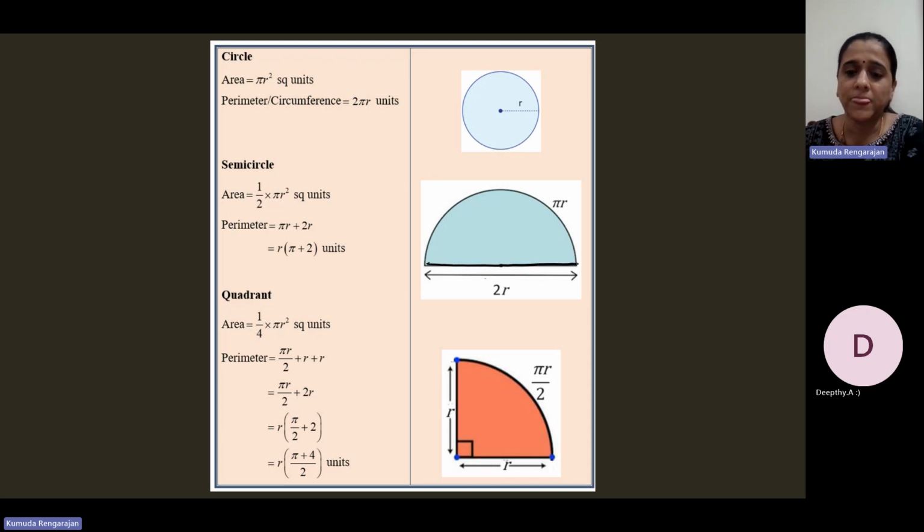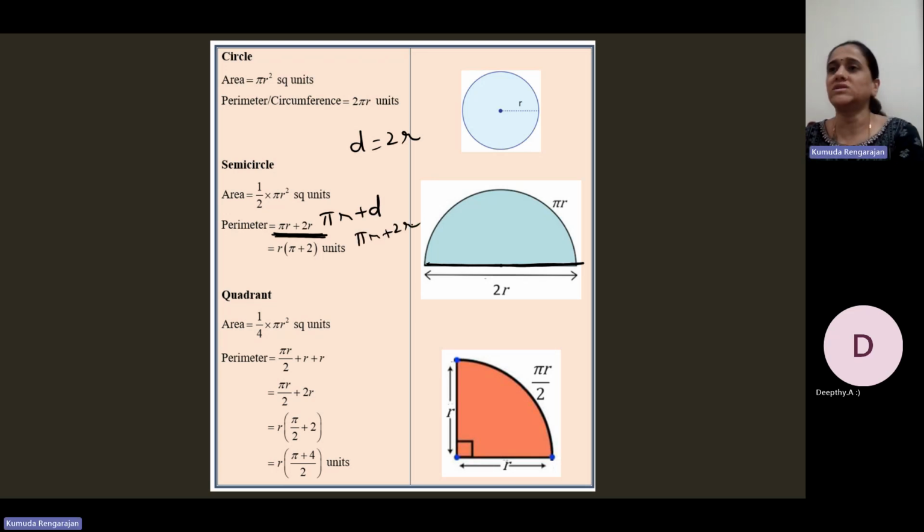Diameter is 2 times the radius. D is equal to 2 times R. So you can have this formula as pi R plus D or pi R plus 2R. Both are the same because D is equal to 2R.